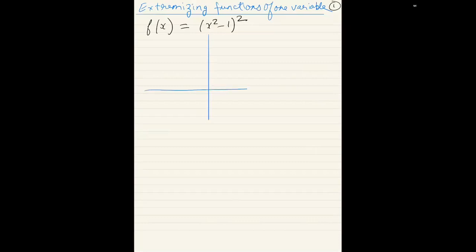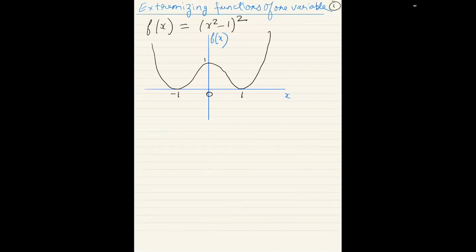This is our f of x, this is our x, and it will look like this curve that I'm going to draw over here. It will have something like this, then something over here, and something over here. This will happen at x is equal to minus 1, this will happen at 1, and this will happen at 0. Over here, its value is 0.